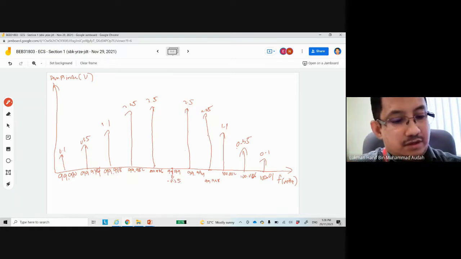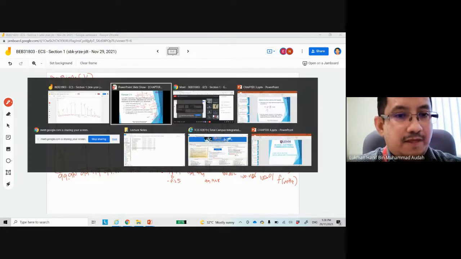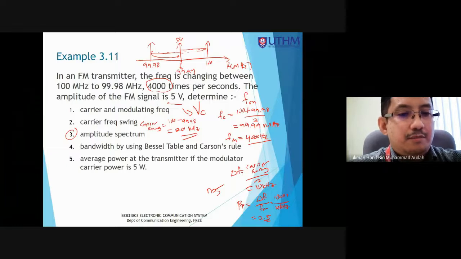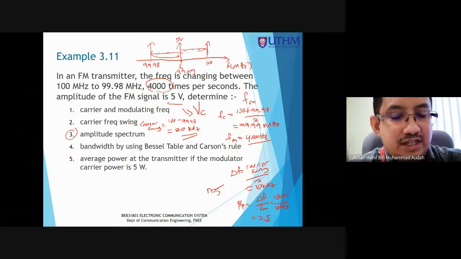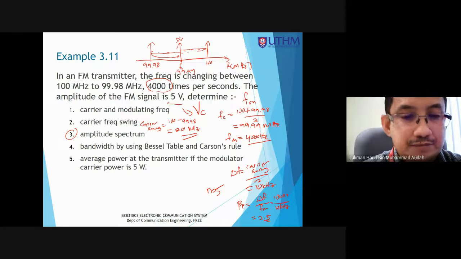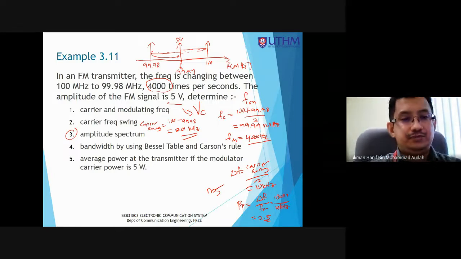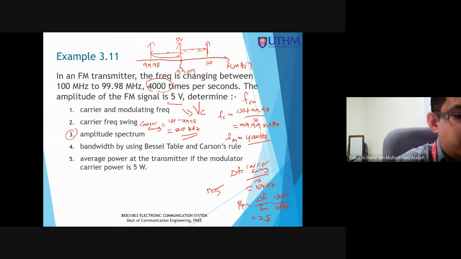And then what? Bandwidth by Bessel table and Carson's rule. The question asks for bandwidth by Bessel: it is equal to 2 times n times fm.